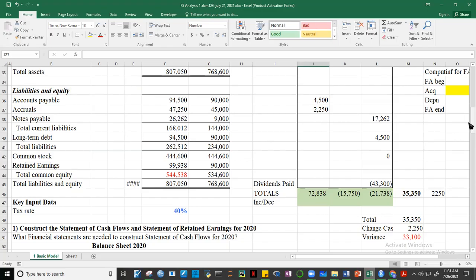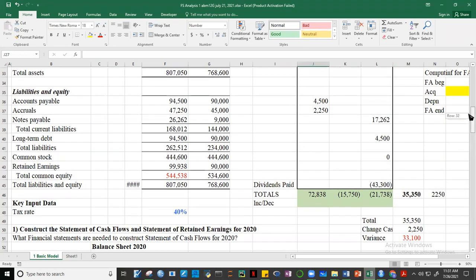So there's a discrepancy of 33,100. Saan nagaling 33,100 na yun, guys? Where did it come from? Saan galing siya?